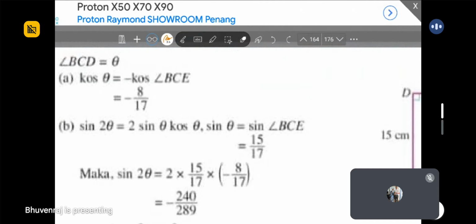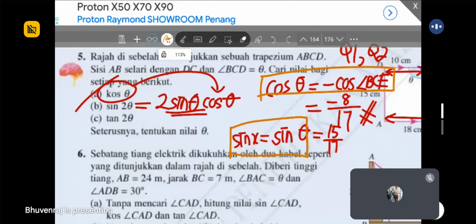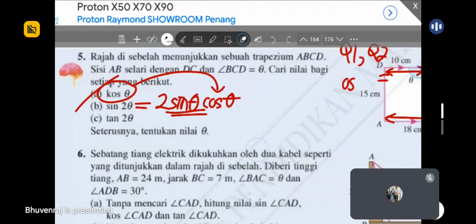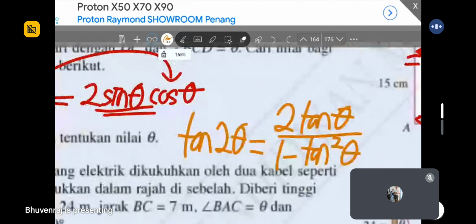So next one, they ask you to find tangent 2 theta. So how do we find this? Tangent 2 theta. Again, you must use the identity. So tangent 2 theta is equal to 2 tangent theta over 1 minus tangent square theta. This is the identity we are using.